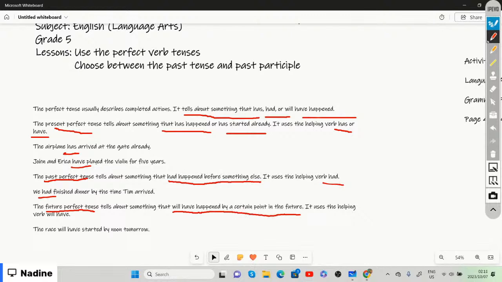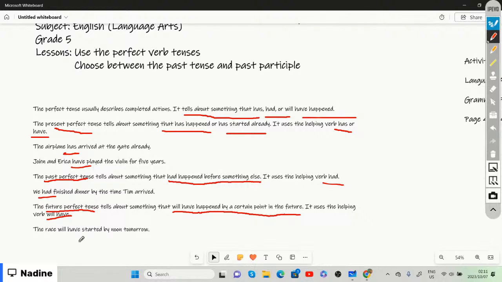Not now, not in the past, but in the future. With the future perfect tense, it uses the helping verb will have, to show that it is in the future.